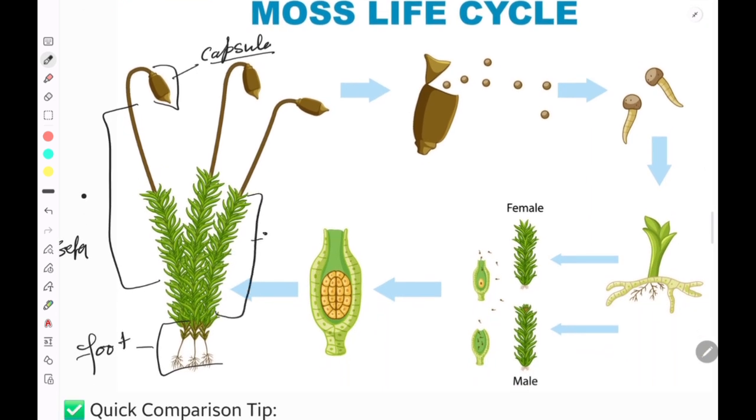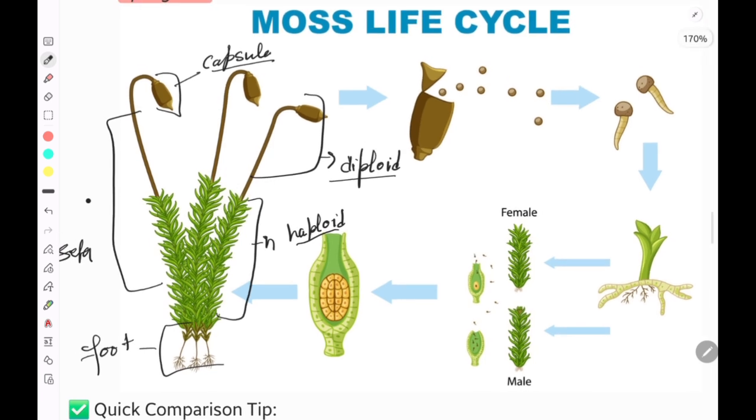This region is n, haploid, and this body is diploid. The diploid body depends upon the haploid, or you can say gametophyte, for nutrition. It cannot exist independently. It depends fully on the haploid body for nutrition.